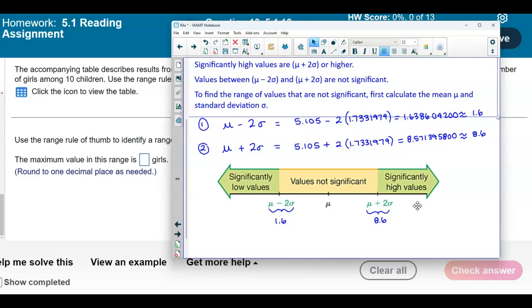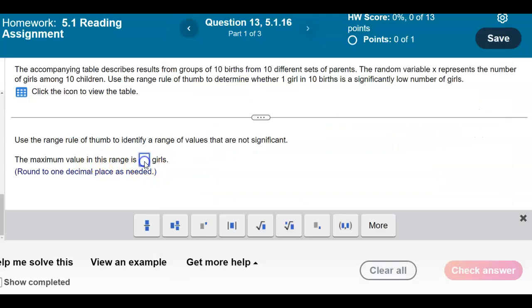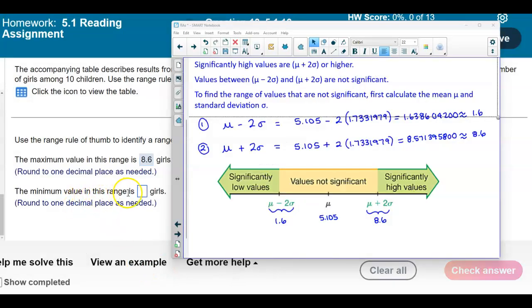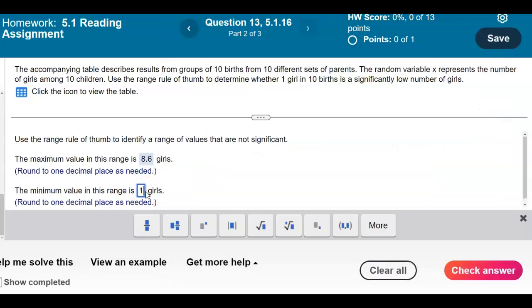We know that the mean that's in the middle is 5.105. So, which says the maximum value in this range is going to be 8.6. So that's 8.6 girls. Now we want to find the minimum value in this range, and that minimum value is going to be 1.6 girls.